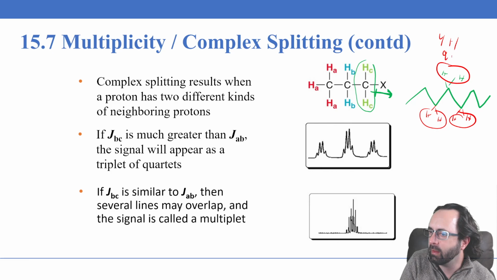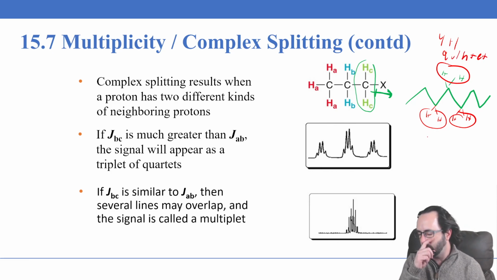You would get a quintet signal for this one, because these hydrogens are not only chemically equivalent, but also in similar chemical and electronic environments. And so you would just get one signal from it. So this complex splitting only occurs when you have protons on neighboring carbons that have significantly different electronic environments.